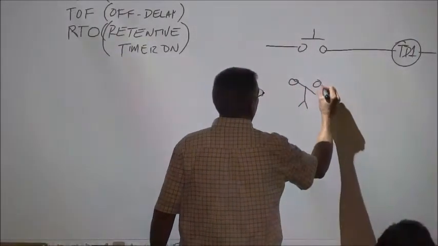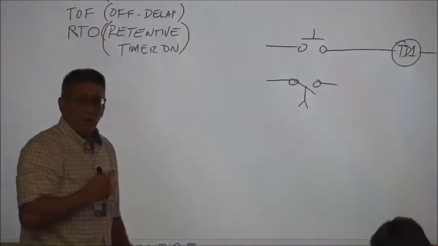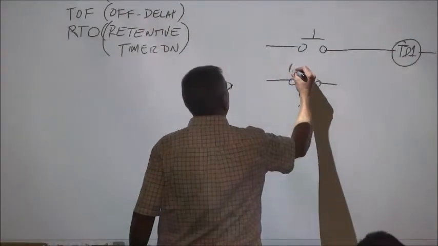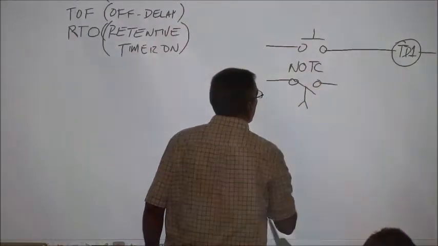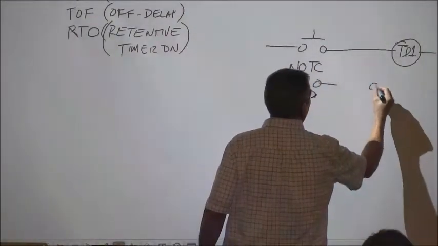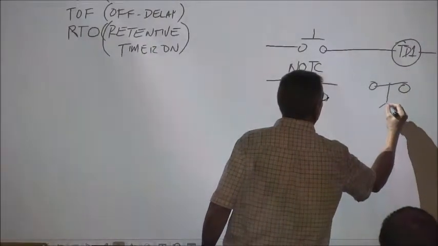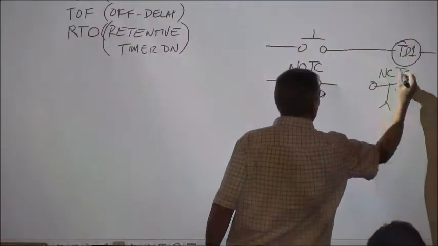What's that contact called? We know it's a normally open, right? Time closed. Normally open, time closed. And then we have the normally closed, time open.